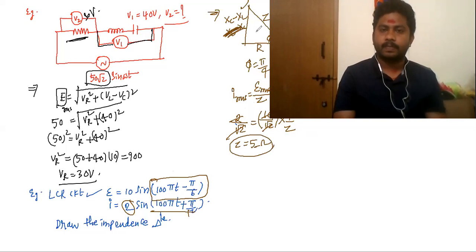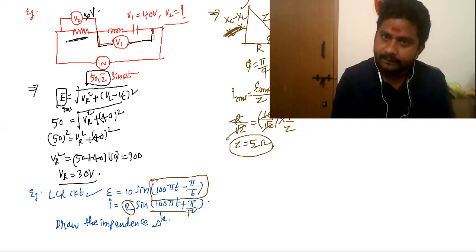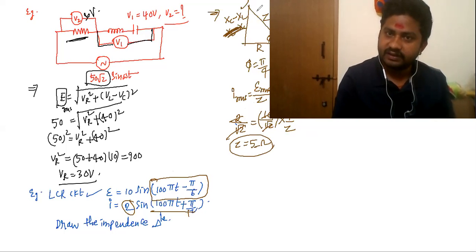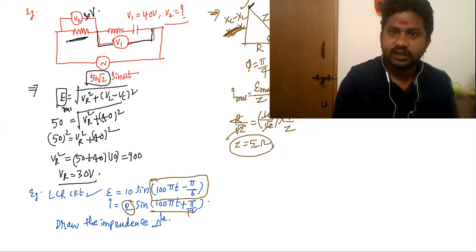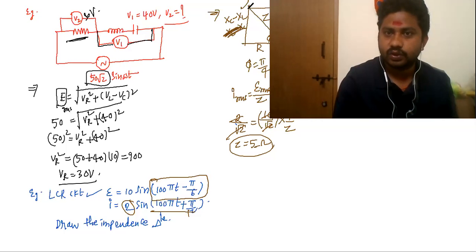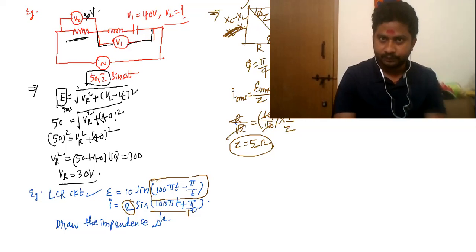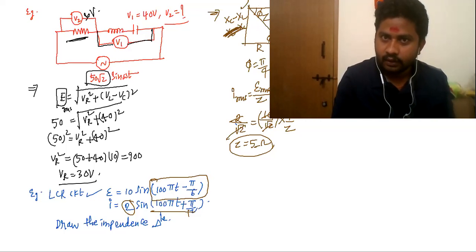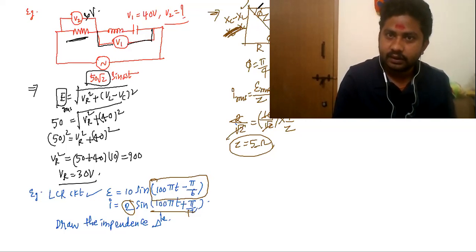When this is 5, carefully see the other angle. Imagine this is theta and this is also theta. This side is 5, and R is equal to Z cos phi.